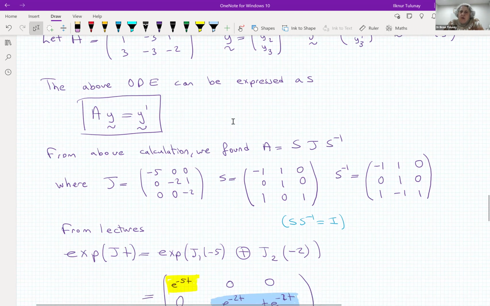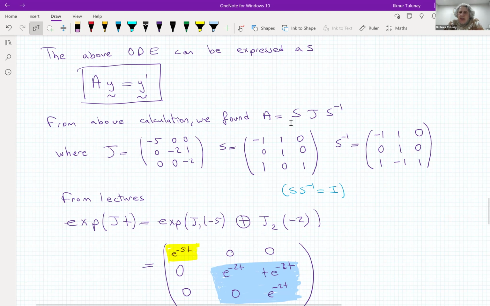From the above equations, we have A equal to S J S inverse. J is the Jordan block, the Jordan matrix. S we calculated, and I just found S inverse for you and plugged it in here. This times this is identity.